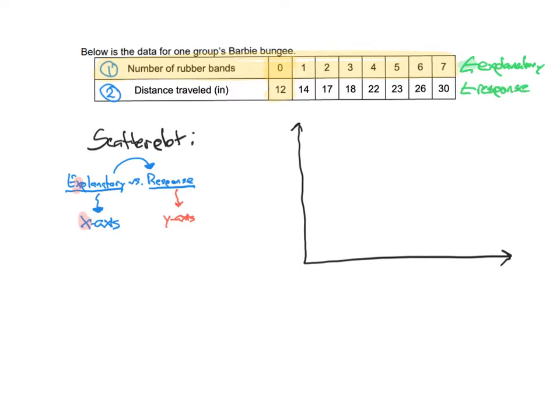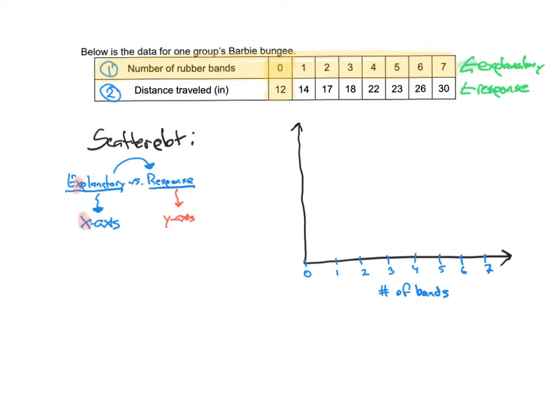So if that's the case, let's just go ahead and start. I'm going to start at 0: 0, 1, 2, 3, 4, 5, 6, and 7. We're going to call this number of bands. Okay? And then on the other side, let's just mark those off.